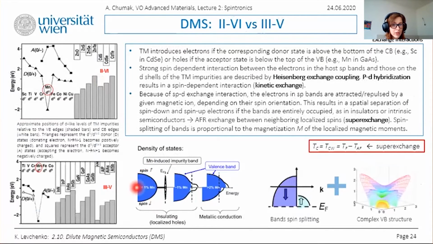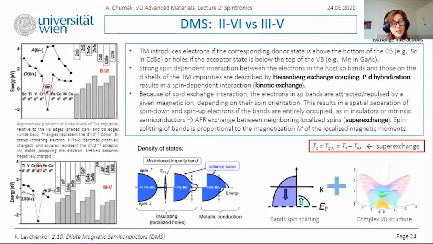So at low concentration, we have separate bands, the manganese impurity d band and the sp band of the host semiconductor. Then with the increase of the concentration, we are arriving at the start of the hybridization between the bands. And in the end, the metallic conduction takes place when there is a nice and full hybridization of these bands.